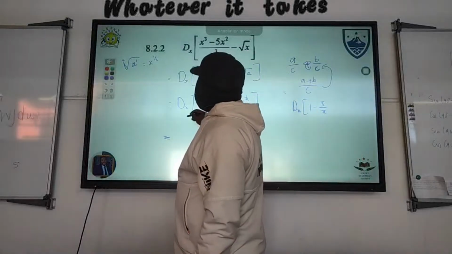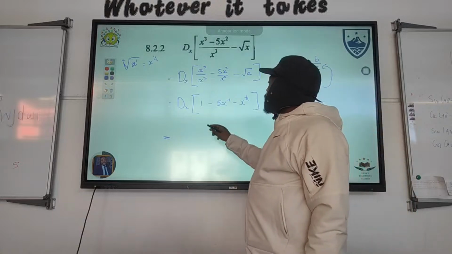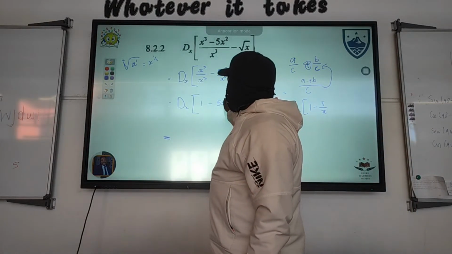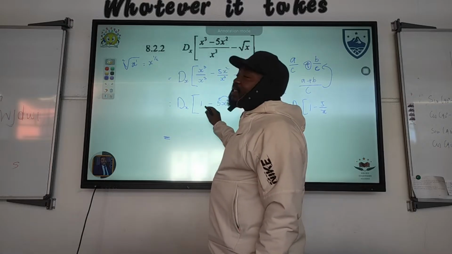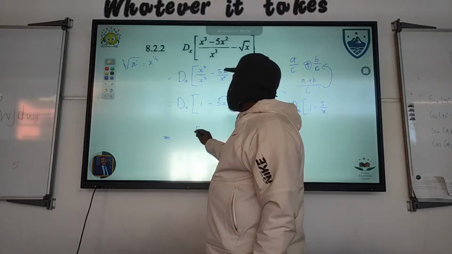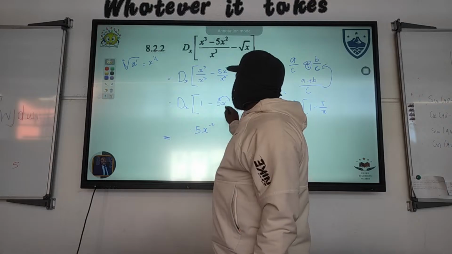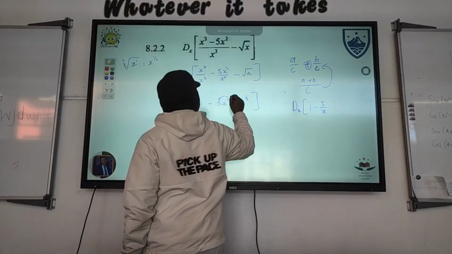So my answer on this: we said the derivative of any constant is 0. So this is 0. And then we multiply this by that. It's going to be a positive 5, since negative 1 times negative 5 is a positive 5. And then x to the power of minus 2, because we subtract 1 after we have multiplied.